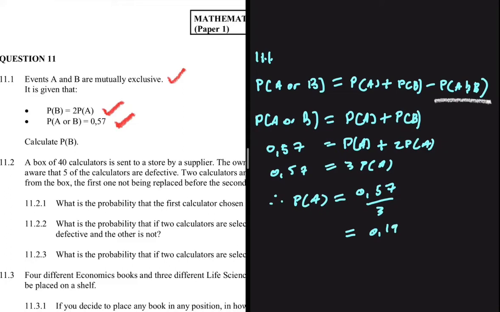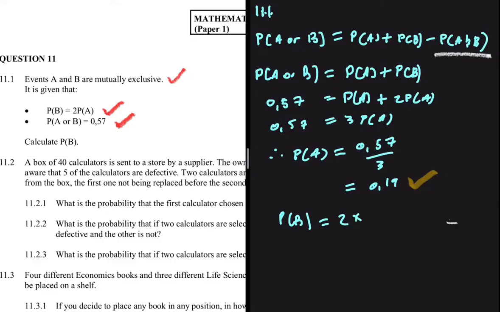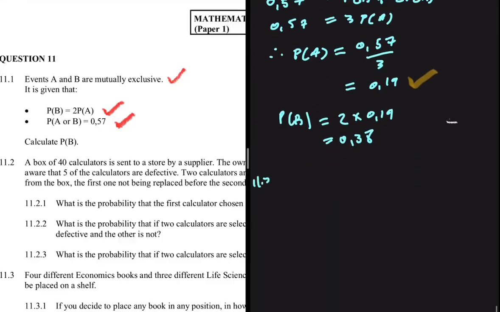So this is the probability of A. But don't forget, we're not looking for the probability of A. We're actually looking for the probability of B. So now we can say that the probability of B is equal to 2 multiplied by the probability of A, which is 0.19. If you put that in your calculator, you should get 0.38 as the probability of B. That is 11.1. Let's look at 11.2.